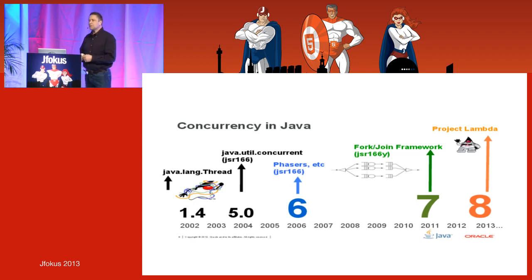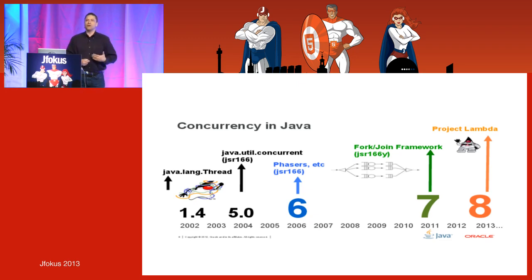JSR 166 was proposed, it was developed, and it added a lot of higher-level capabilities that people who've done multi-threaded parallel programming are very used to. We introduced things like semaphores, which are well understood concepts. We introduced things like mutexes and read-write locks, all of those things which make it a lot easier to develop multi-threaded parallel code, because you can have your threads coordinated and make them work together in a much more reliable way.